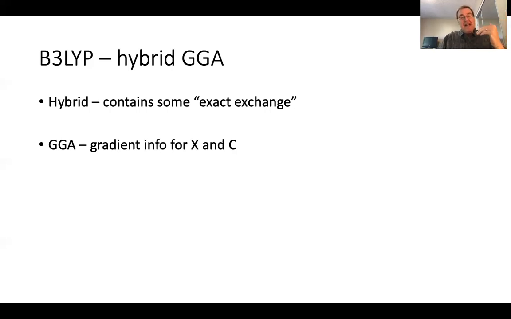You can get a portion of that based on arguments from the adiabatic connection theorem. The GGA, so it's got gradient information for X and C, exchange and correlation. It's not just purely dependent on the density, but the energy contributions depend on the gradient as well.